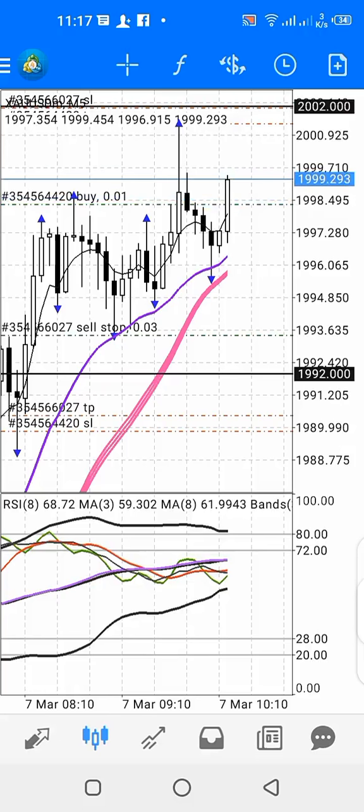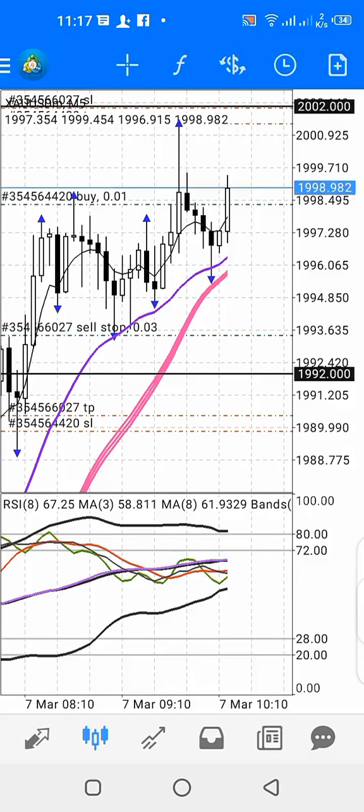As you can see, price is going up. If you look at the support, the 5-minute chart pin bar, the candle pin bar indicating price will go up.